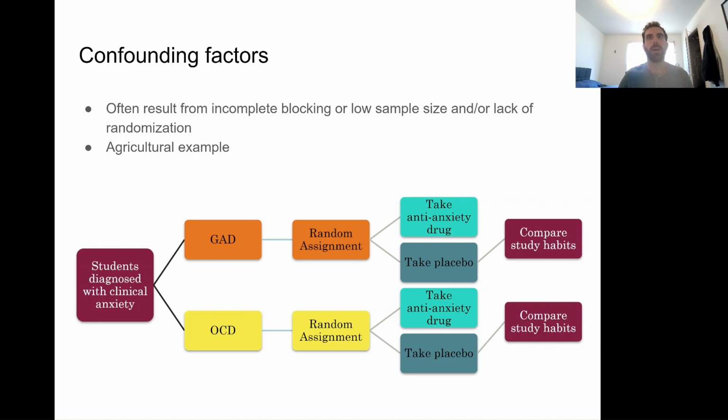However, it could be the case that there's a confounding factor. It could be the case that one half of the field gets more sunlight than the other half of the field. So we can't say definitively that the fertilizer was better. It could be that the level of sunlight is actually influencing the yield more than the type of fertilizer.